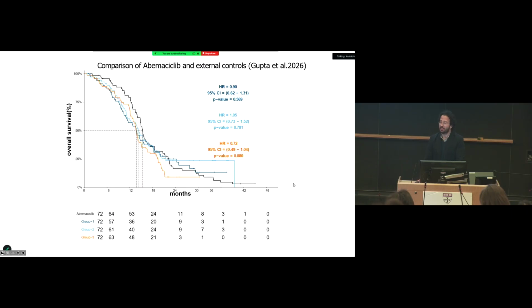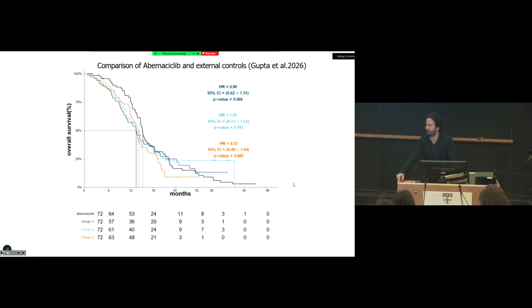What we did, we said, okay, now that we have this data mature and we know about the treatment effect in this setting, let's try to replace our internal controls, and we use 3 different external control groups.